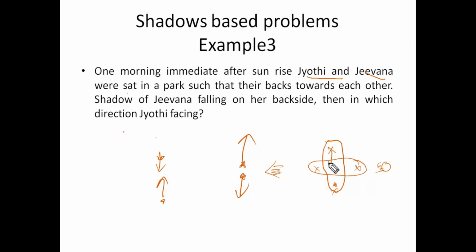Because in the question he has mentioned whether the shadow is on the right or left. For this person, the shadow is on the right. For this person, the shadow is on the left. Suppose if we use the front and back, then we use this set of person positions. Here he has given the back side, so we'll use this one only.